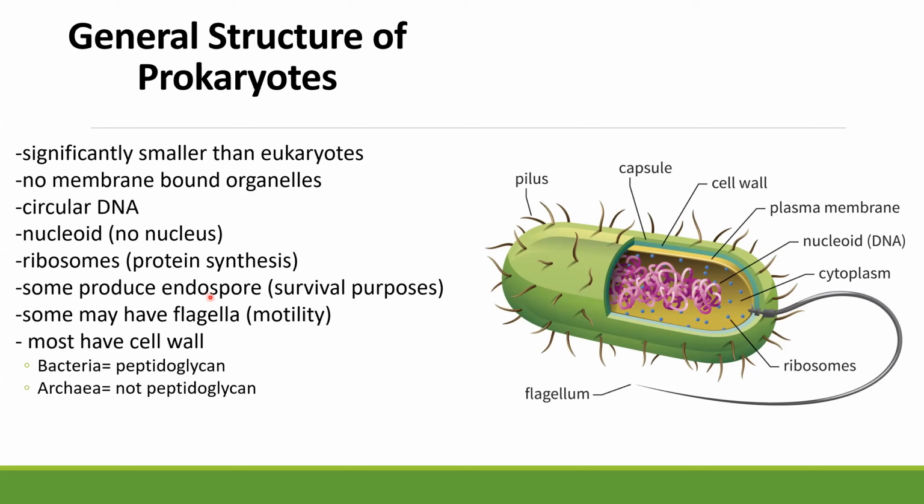Some produce endospores, and this is for survival purposes. The best way I can talk about this is if you work in a laboratory, you have to sterilize your biohazard waste.